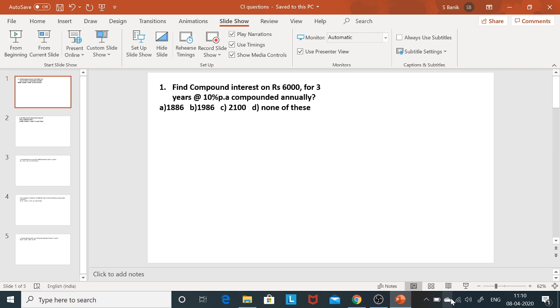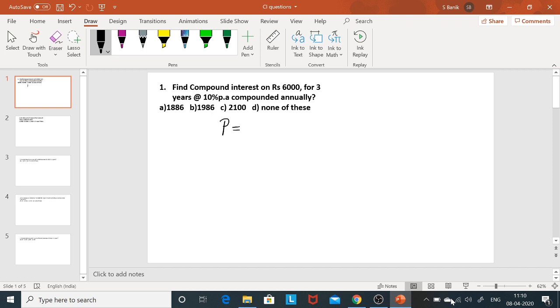If you know the proper way, you can solve this. Here in this question, your principal is 6,000 rupees.